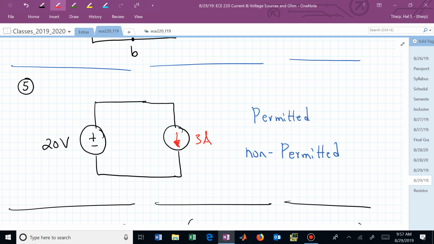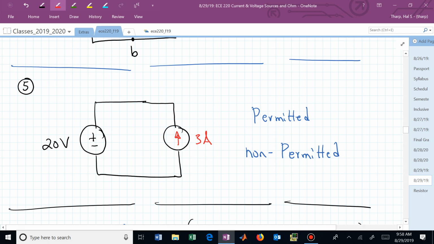So in fact, it is permitted, but it really wouldn't even matter if I would change this to that. That would still be okay. That supply would still be trying to push 3 amps, and it will give you 20 volts from A to B. So either of those would allow for this to be permitted.